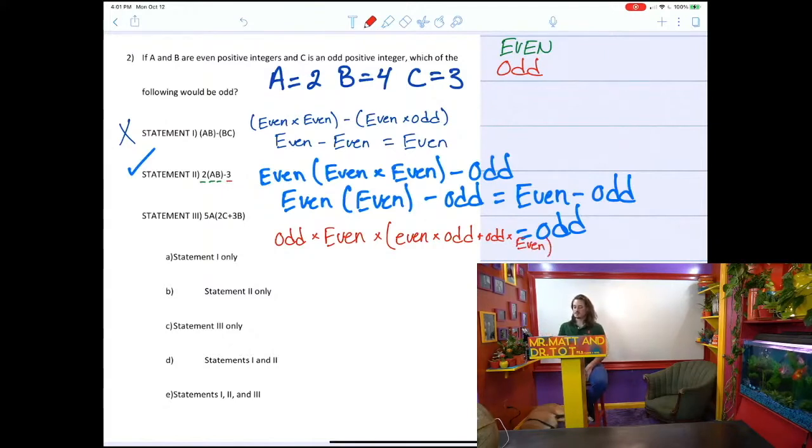So inside the parentheses, well, I can work actually everywhere here. So outside the parentheses, odd times an even, that will reduce to an even.